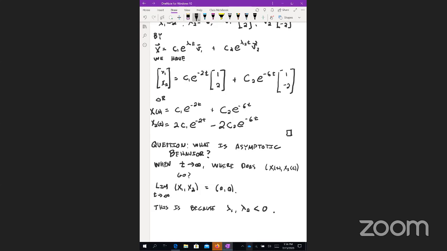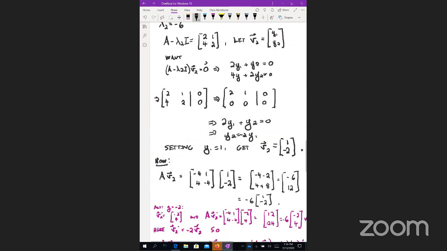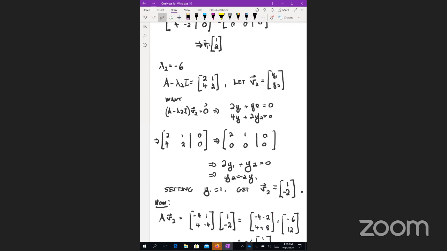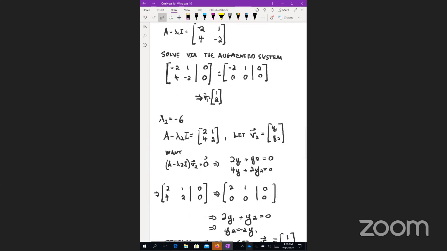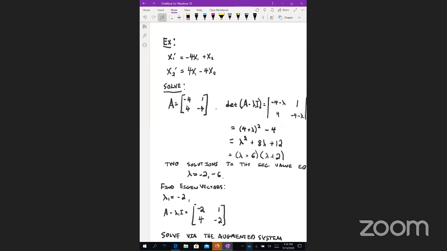So that's actually another nice thing about this, right? If all we wanted to know was the asymptotics of the system of equations, whether or not the solutions approached 0, we could have stopped here. We could have computed the eigenvalues and said, oh, they're both negative. So I know exactly what the asymptotics of this system are. And that's it.